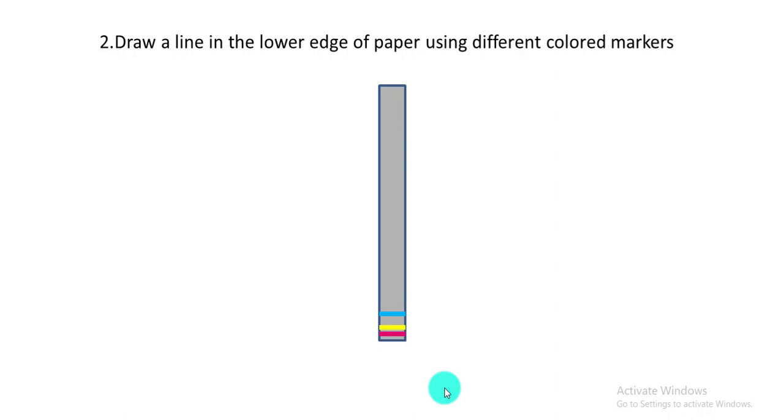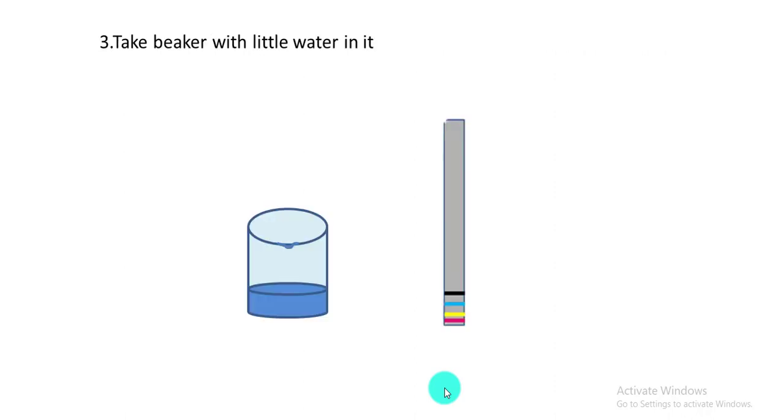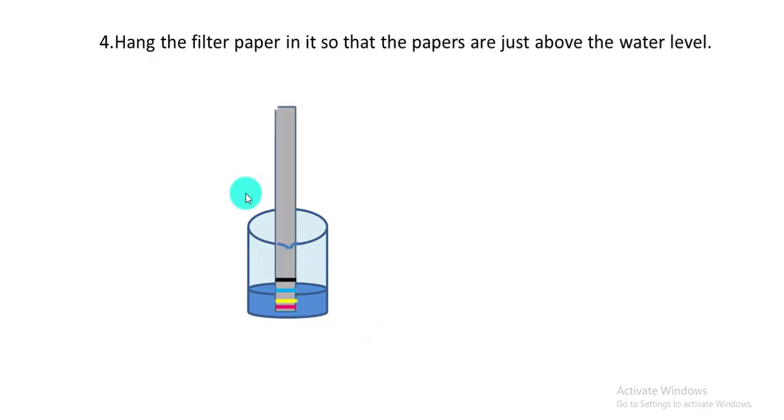Then take a beaker with little water in it. The level should not be more than this level. Only a little water you have to take. Okay. Then after that, hang the filter paper in it so that the papers are just above the water level. Hang the paper inside the beaker.